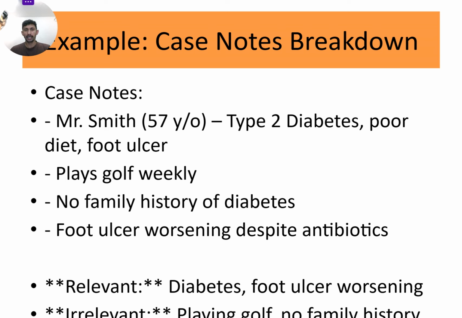In this you can see the relevant information: diabetes, foot ulcer worsening. Type 2 diabetes is the primary condition of the patient, directly related to the foot ulcer worsening. That is why you have to identify what is relevant to writing the letter. Irrelevant information like playing golf and no family history has no impact on the letter. So this is the way you can identify relevant, irrelevant and semi-relevant information for your letter.